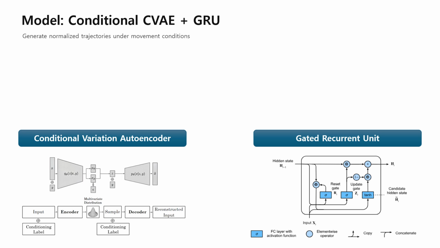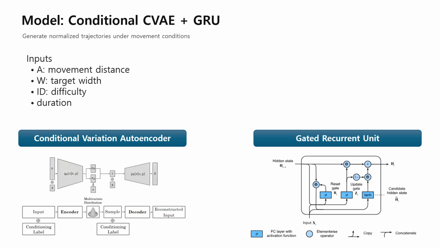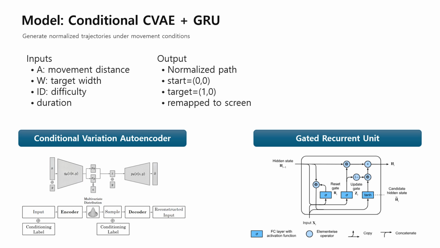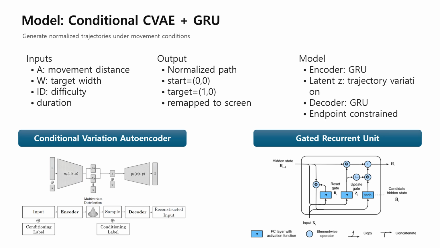An encoder and decoder, both GRUs, are connected through the latent vector Z, which captures the variation in human movement. Every trajectory is normalized, so it starts at 0.0 and ends at 1.0. The trajectory normalization I will explain later.